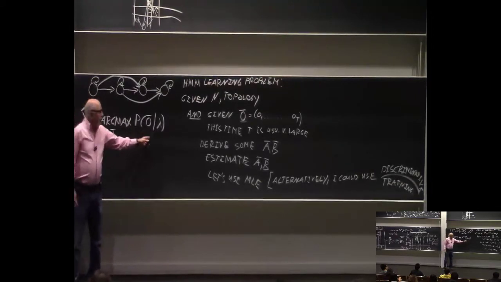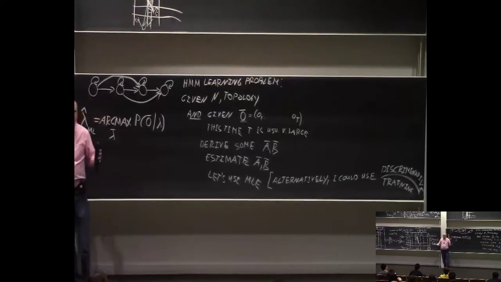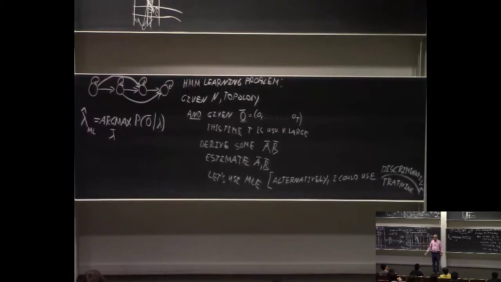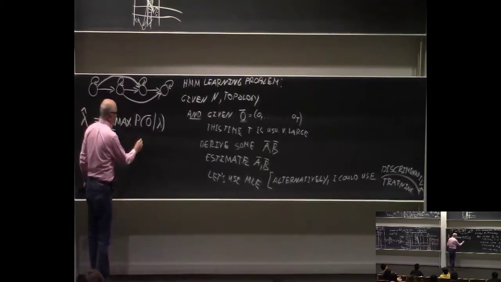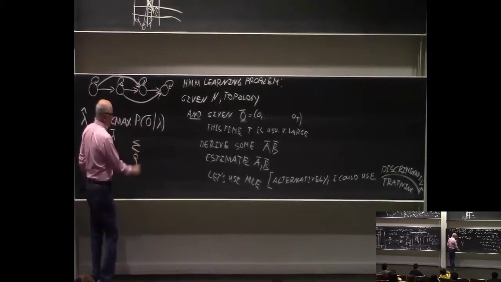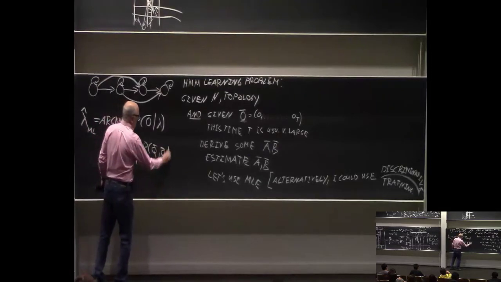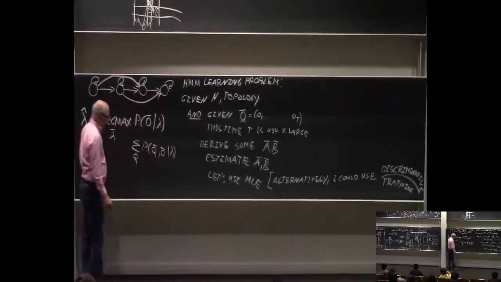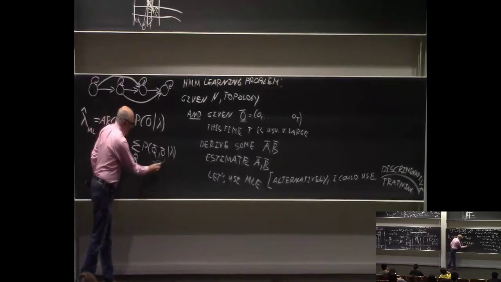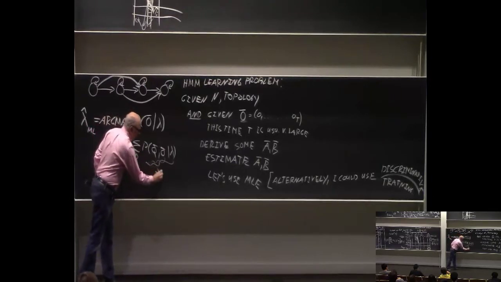I could try to write this explicitly using the evaluation problem. I can try to write it as a sum over all possible Q sequences of P of Q and O. And I can write each one of these as 2T multiplications.